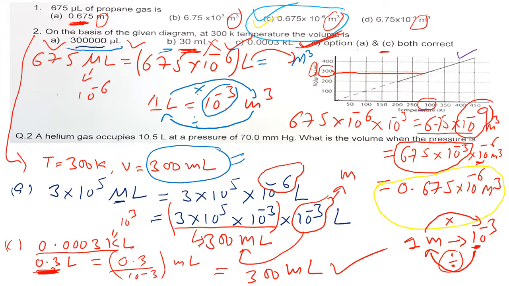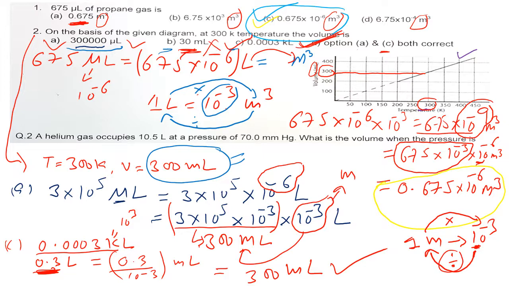So the question number 2, on the basis of the given diagram, they are talking about this diagram. At 300 Kelvin temperature, the volume is... So the question is asking, at the 300 Kelvin temperature, what is the value of the volume? This 300 Kelvin is this temperature. How to find the volume at this temperature?